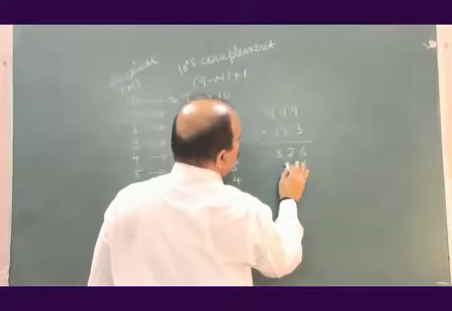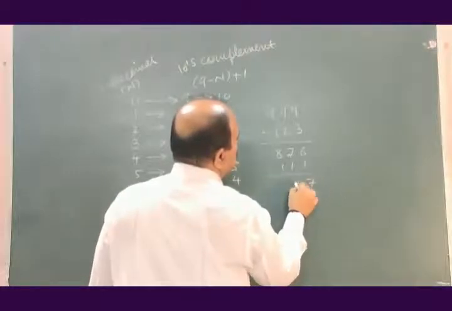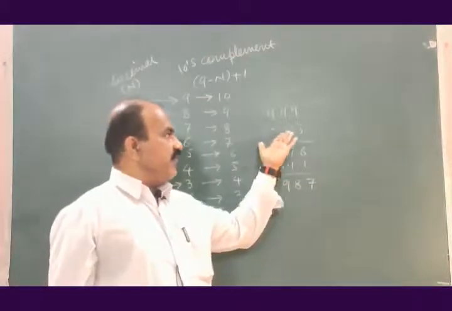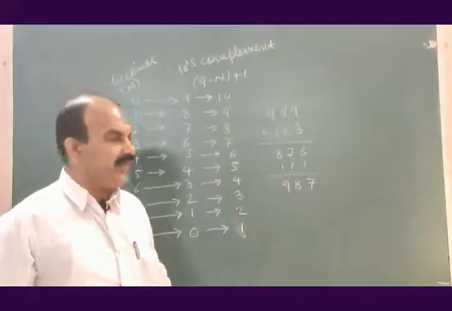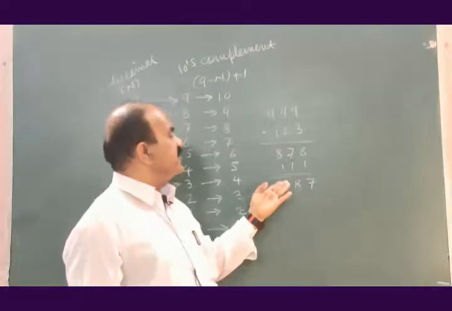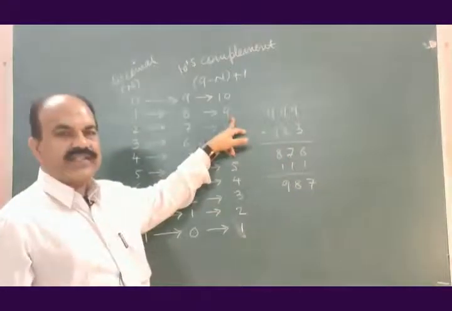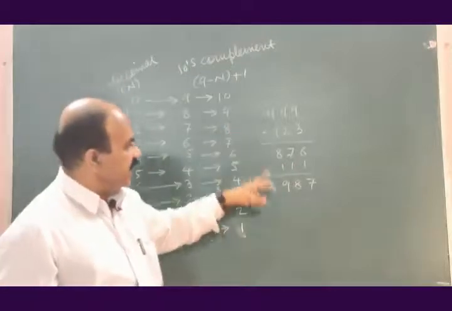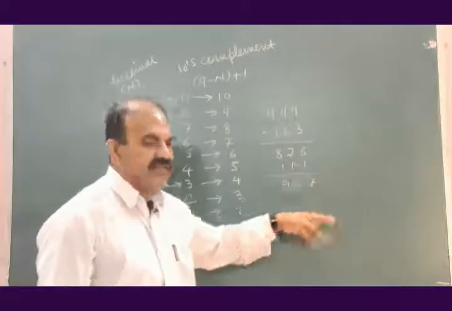Plus 1: 7, 8, 9. So if 1, 2, 3 is the given positive decimal number, the corresponding negative decimal number in tens complement form is 987. 1, tens complement 9. 2, tens complement 8. 3, tens complement 7.